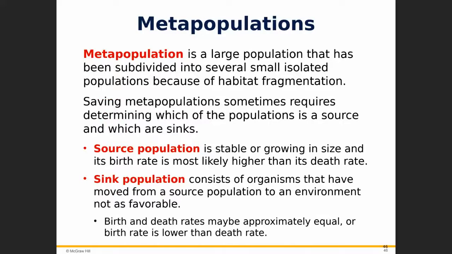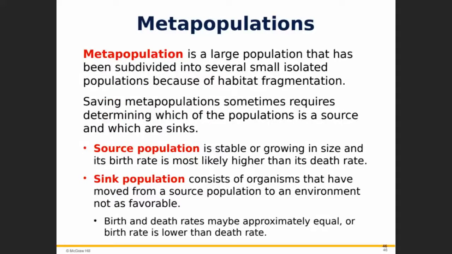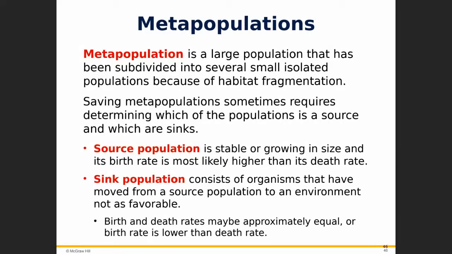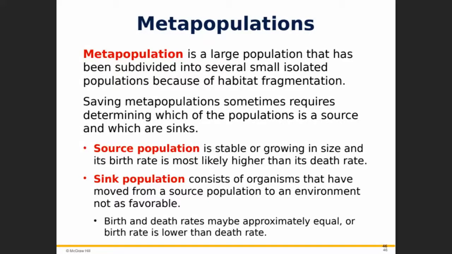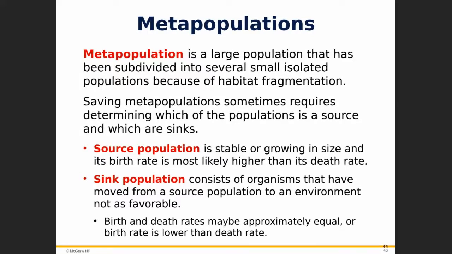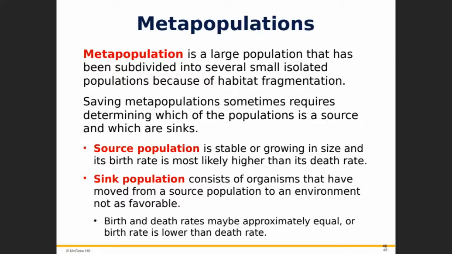The grizzly bear's population, for example, is actually in meta-populations. Meta means higher order. A large population that has been subdivided into several small isolated populations due to habitat fragmentation. Originally, there were an estimated 50 to 100 thousand grizzly bears south of Canada.